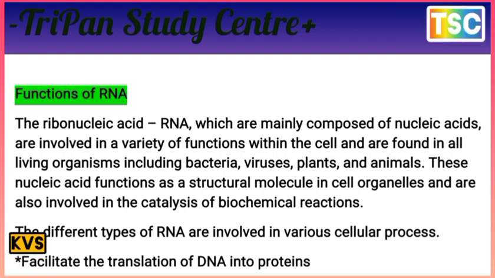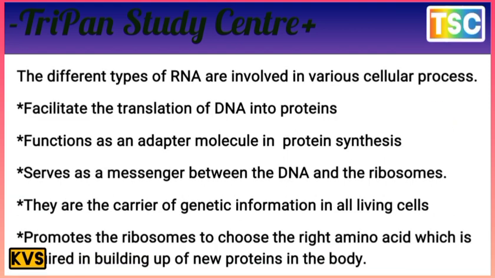The different types of RNA are involved in various cellular processes. Let's see. First of all, it facilitates transcription of DNA into protein. That's important. Also shown in this picture, it facilitates translation of DNA into protein and functions as an adapter molecule in protein synthesis and serves as a messenger between the DNA and the ribosome.